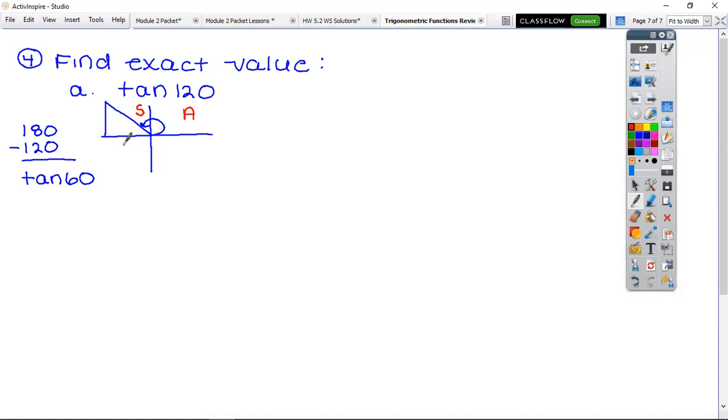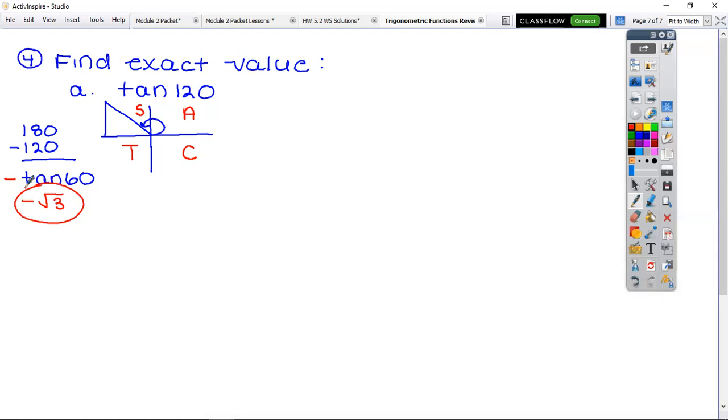So T is for tangent and cotangent, and then C is for cos and secant. So in this quadrant, tangent is negative. Now you can flip back to your notes, and the tangent of 60 is equivalent to radical 3. Okay, so that's how you do exact values.